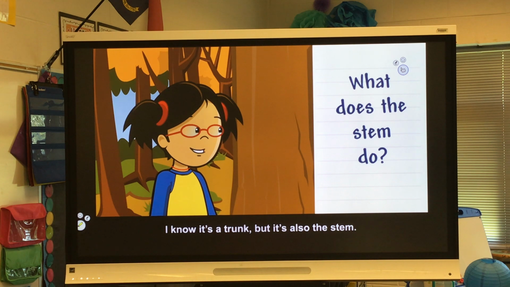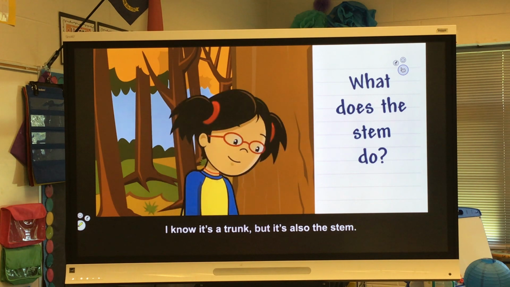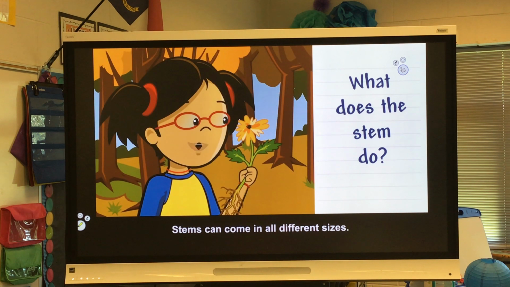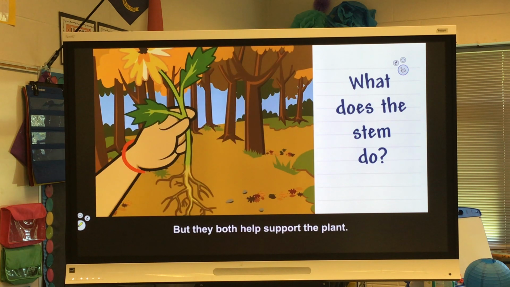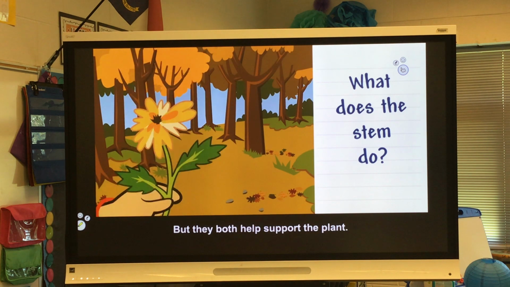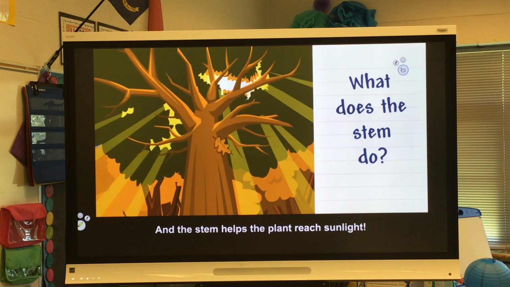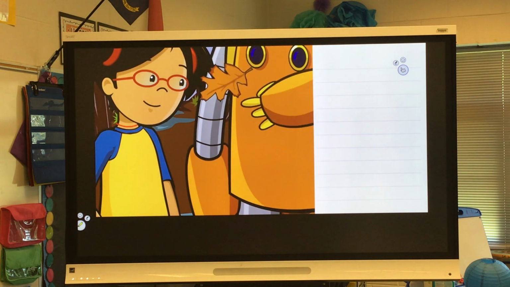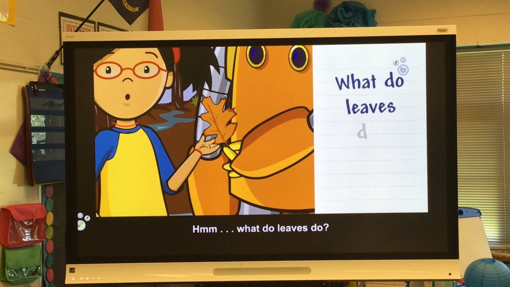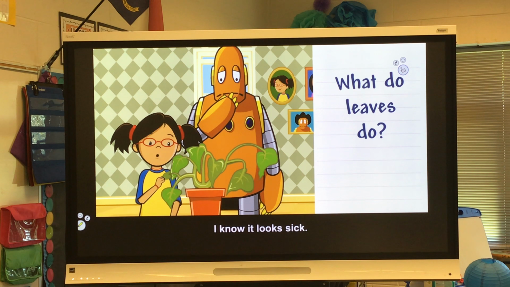I know it's a trunk, but it's also the stem. Stems can come in all different sizes, but they both help support the plant. And the stem helps the plant reach sunlight. What do leaves do? I know, it looks sick.